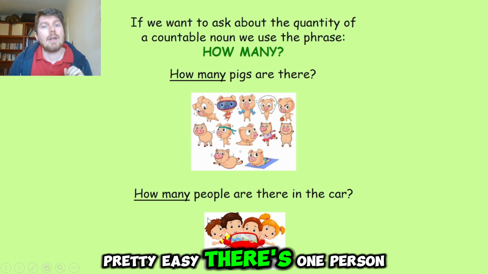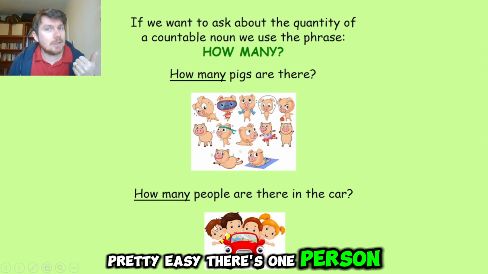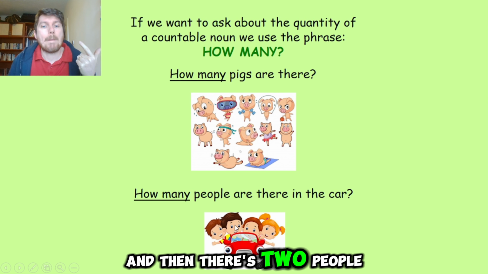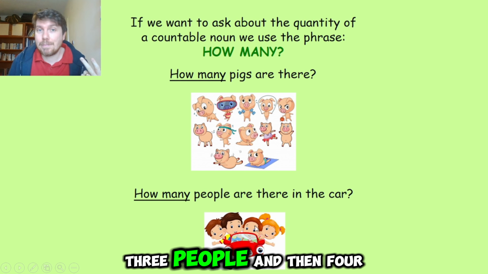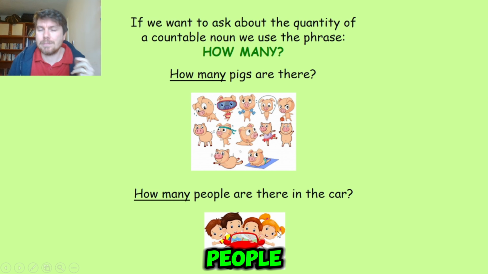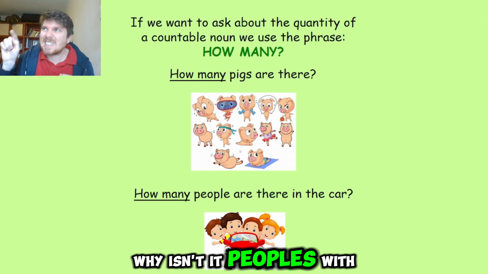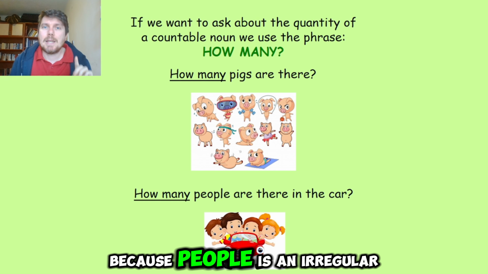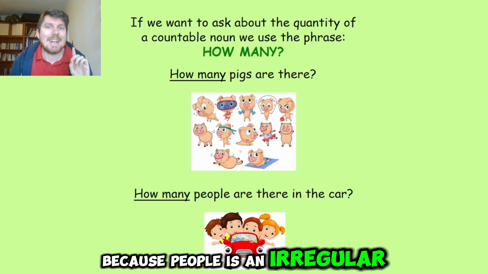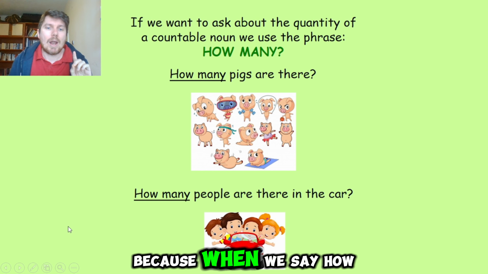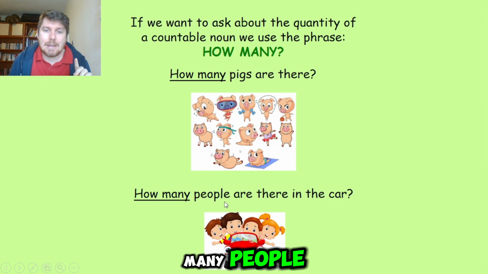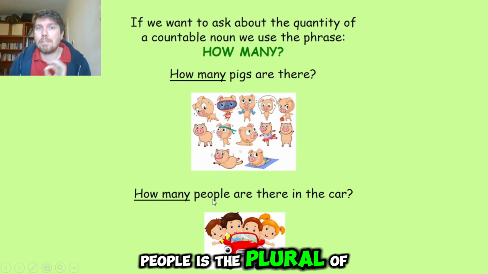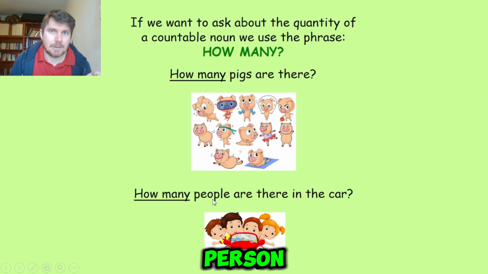Pretty easy. There's 1 person, and then there's 2 people, 3 people, and then 4 people. Now you might be thinking, why isn't it peoples with an S? Because people is an irregular noun. Because when we say how many people, people is the plural of person.